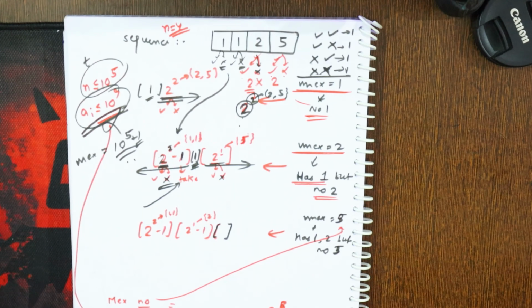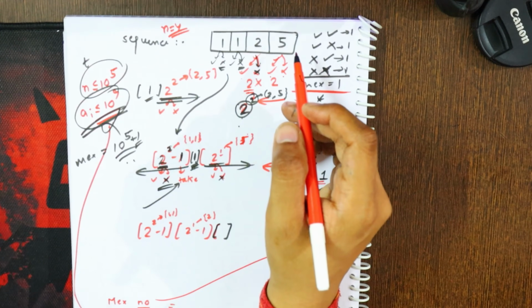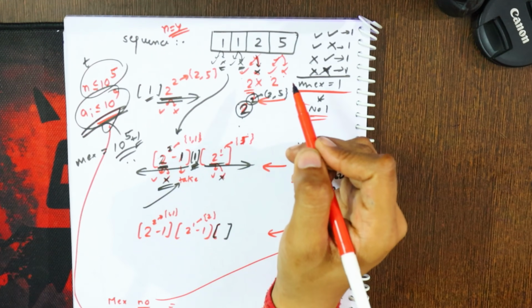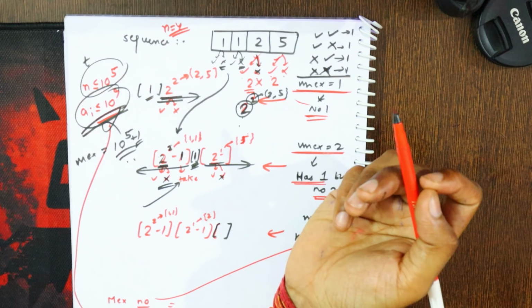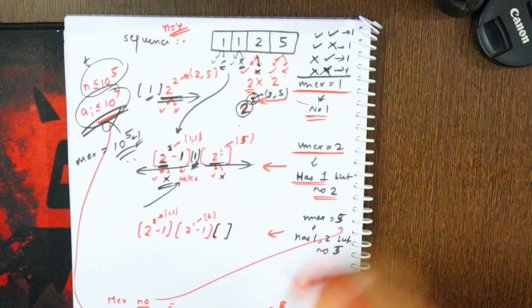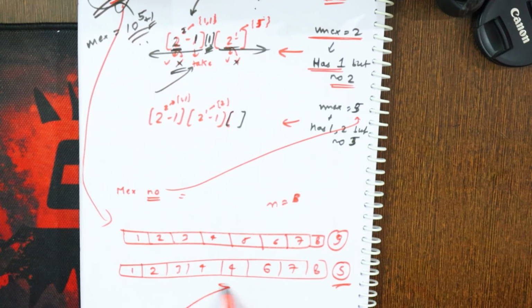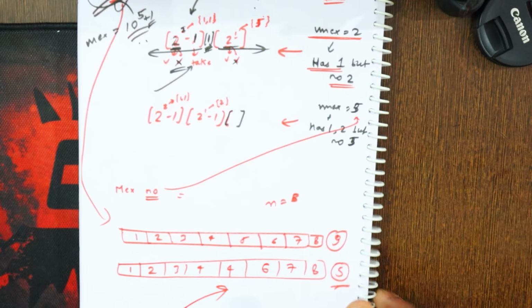If here the value is 5, it is clear that if I include this element, then MEX will be 3 at most, because the minimum element which is not available in this subsequence is 3. So yeah, there is no reason to write 5 here. As I spoke earlier, the MEX value is the smallest value which is not available in that subsequence.